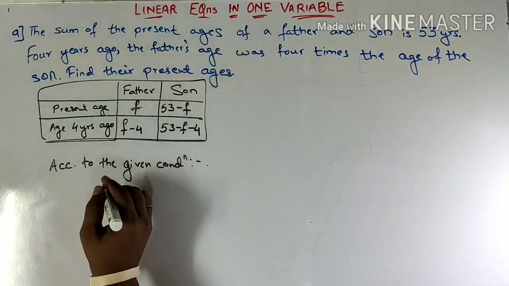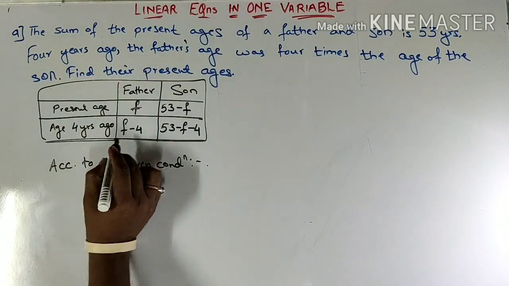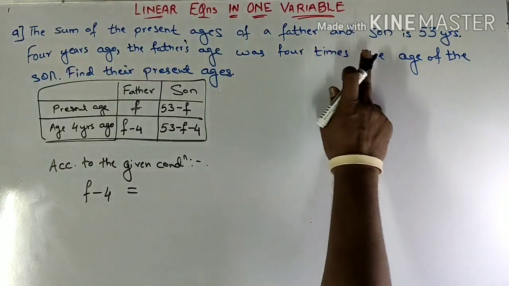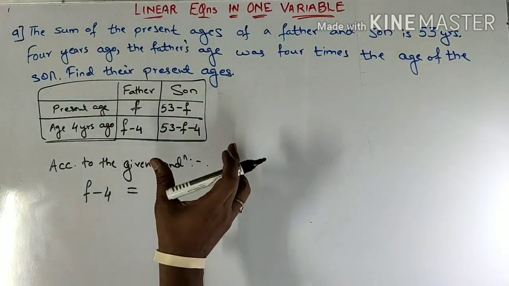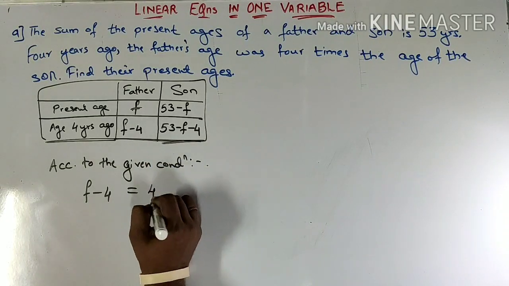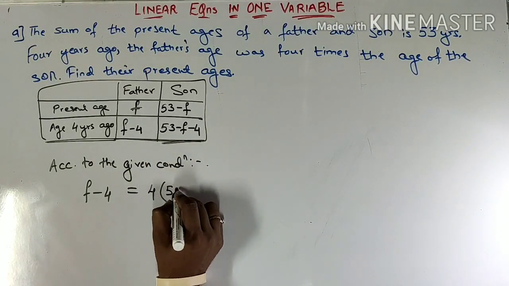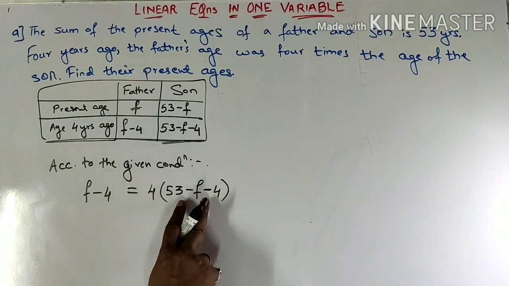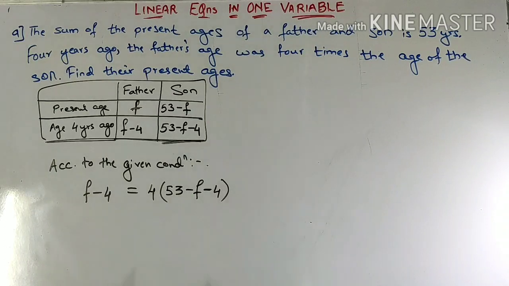The father's age 4 years ago, that is f minus 4, is equal to 4 times the age of the son when back in past. So 4 times the age of the son, 53 minus f minus 4. I can simplify this in the bracket itself orally, but then I wanted to show it in detail. Now let's solve further.